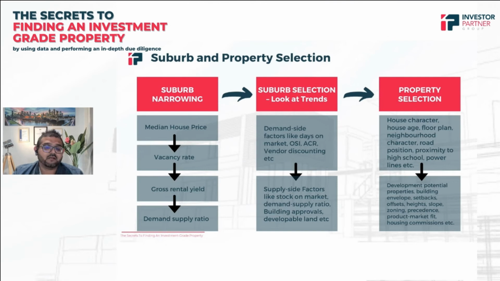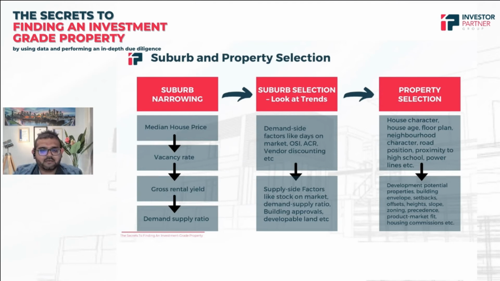I've seen property cycles where properties have tanked in a particular growth cycle and then come back up in another growth cycle. So be very, very careful when people are quoting demand supply ratios to you, because a demand supply ratio only indicates, at that snapshot point in time, that the demand is significantly higher than supply.